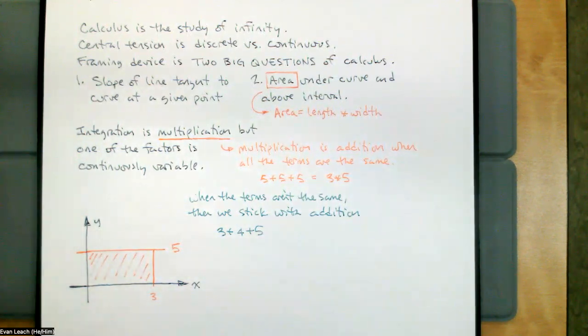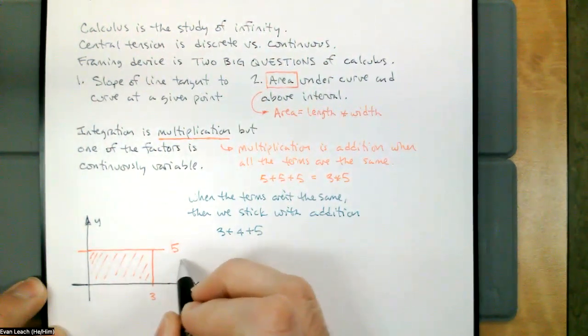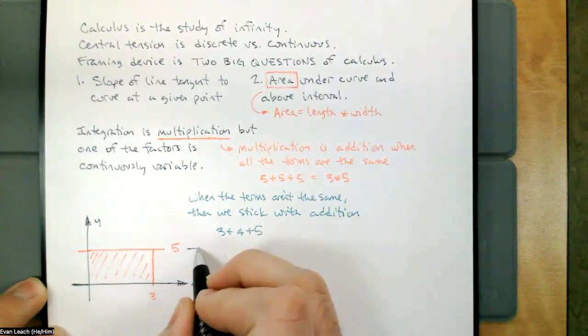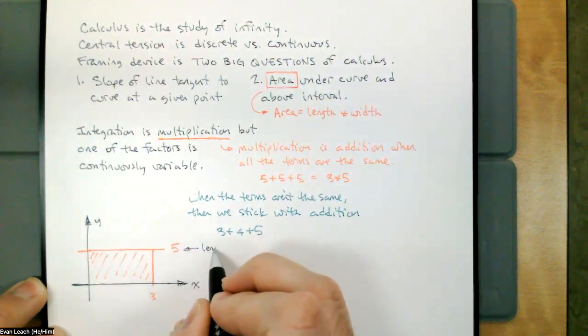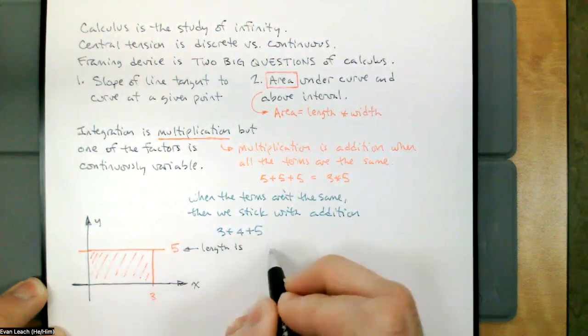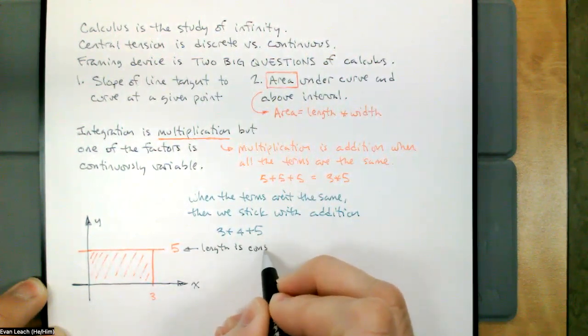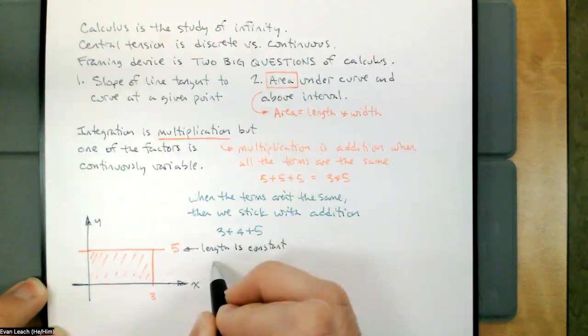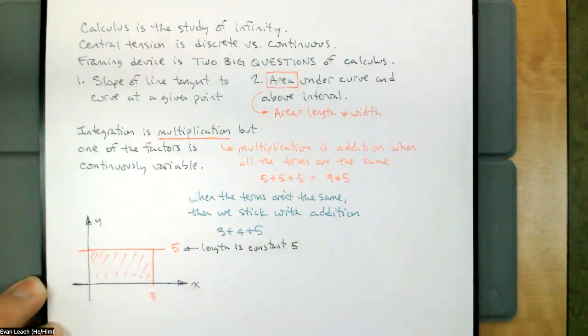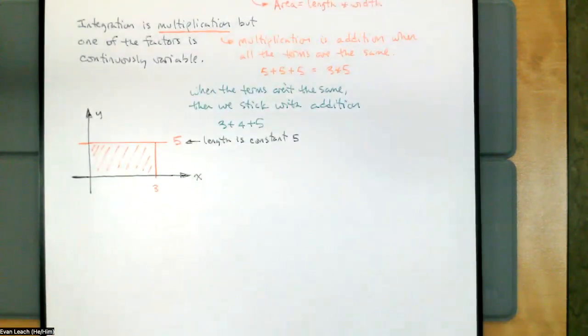So in this picture, length is always 5. We calculate the area with multiplication.